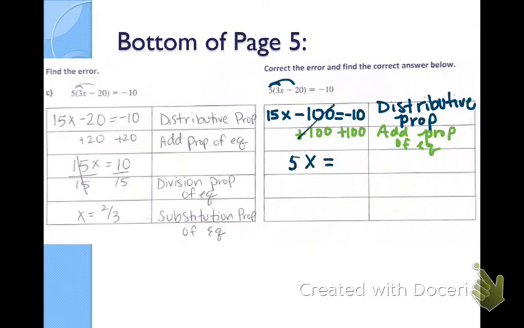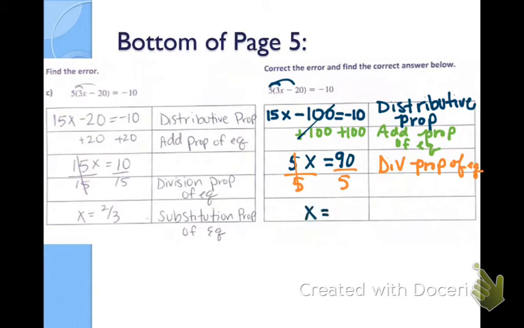What is minus 10 plus 100? 90. So my next step would be to divide by 5. Good. Which is the division property of equality.